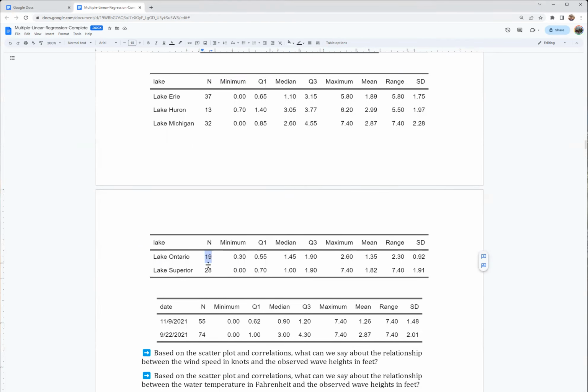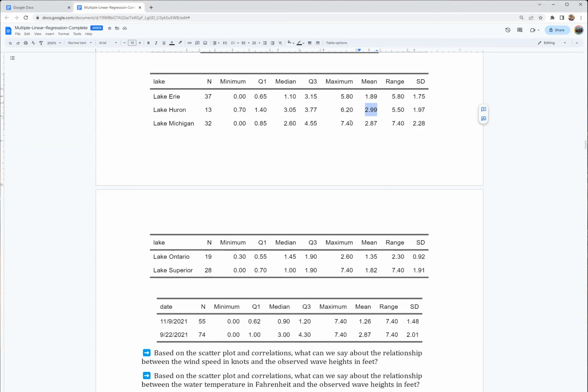So here's how many measurements we have from each lake, and the average wave height. Lake Erie had the shortest waves on average, and Lake Huron had the tallest waves on average. What was the tallest wave measured? 7.4 feet. That's really tall.